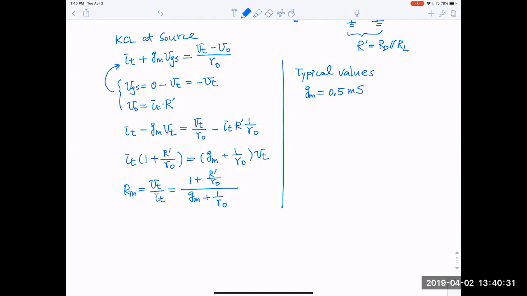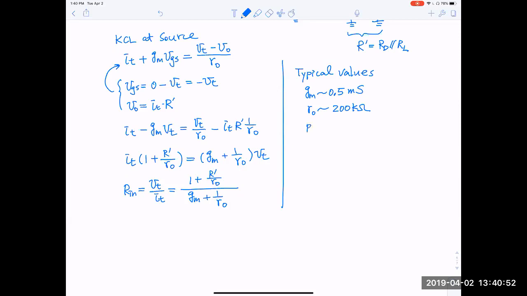Siemens is the inverse of ohm. R0 is on the order of, say, 200 kilo ohm, just a typical value. So generally R0 is considered a large resistance.